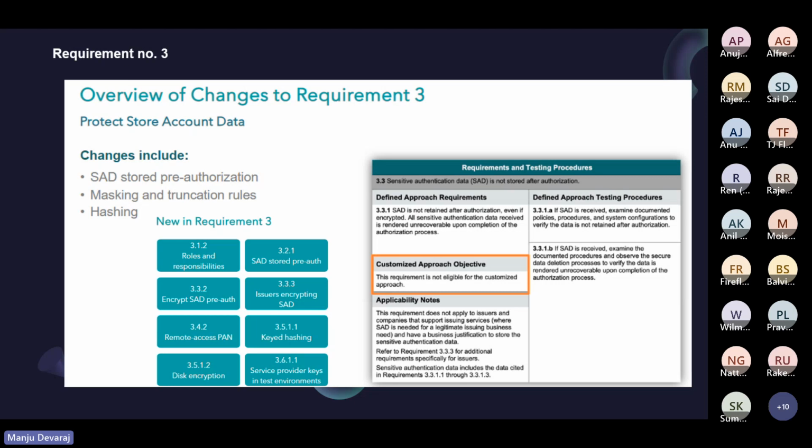Additionally, there is a requirement which has come in. This is a very good requirement, because when people access remotely, there is a chance that they might copy the PAN into their system. First, targeted risk analysis: is there a possibility that when people access the system remotely, they can copy the PAN onto their desktop? That's to rule out that possibility.